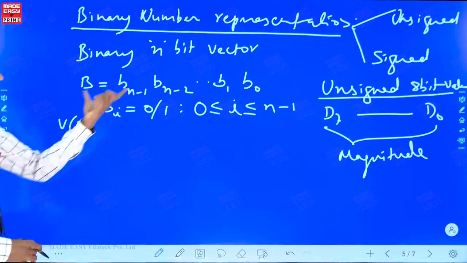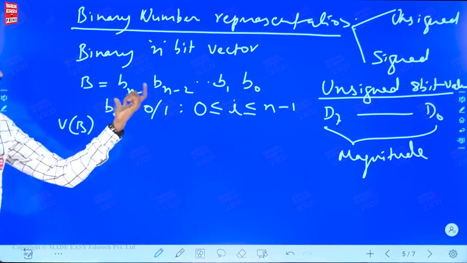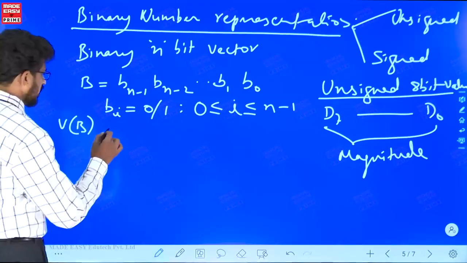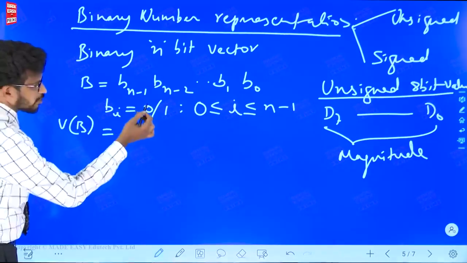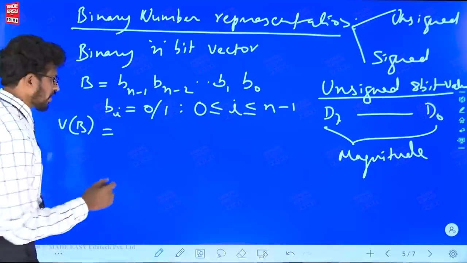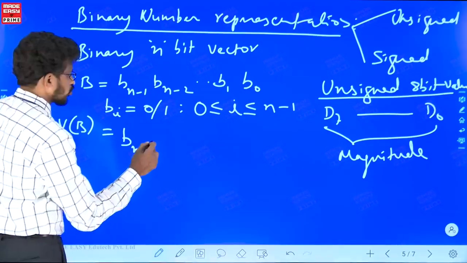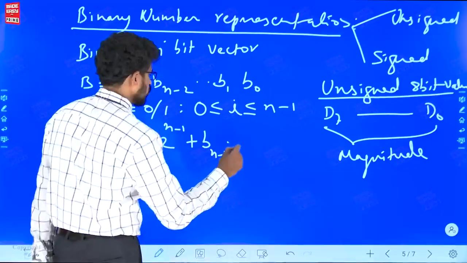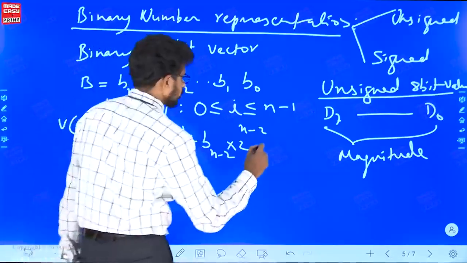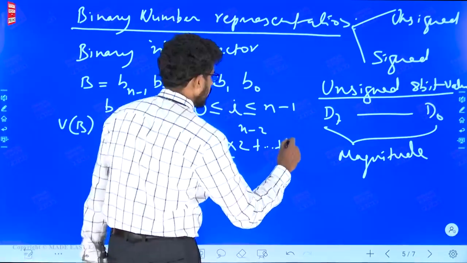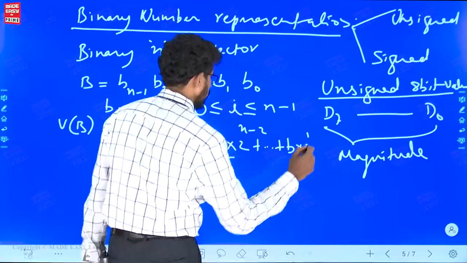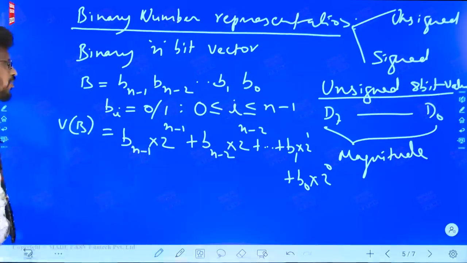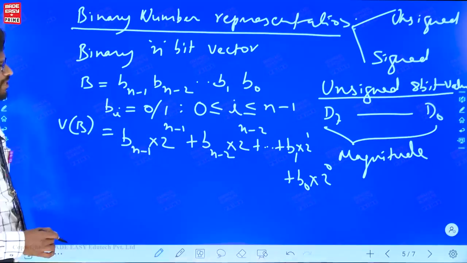Now observe carefully, this value can be represented as integer value v of b, where every binary digit is multiplied with its weight. So I can write it as b(n-1) into 2^(n-1) plus b(n-2) into 2^(n-2) plus so on, b1 into 2^1 and finally b0 into 2^0. So this will give you the value of this n-bit binary vector.